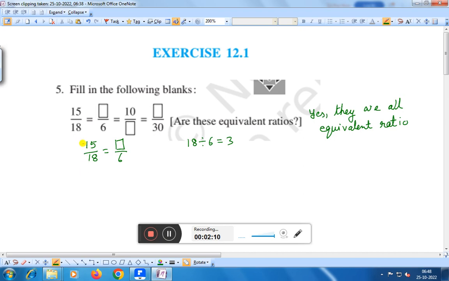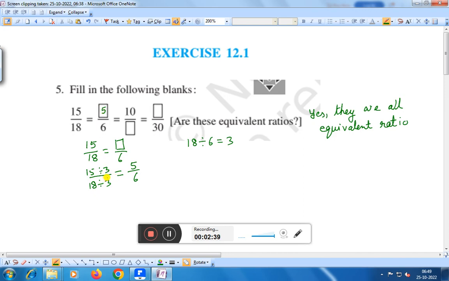That means you have to divide this 15 by 18 by 3 to get an equivalent ratio. You have to divide 15 by 3 also. 15 divided by 3 is 5 and 18 divided by 3 is 6. The answer is 5 by 6. Therefore, this is 5.